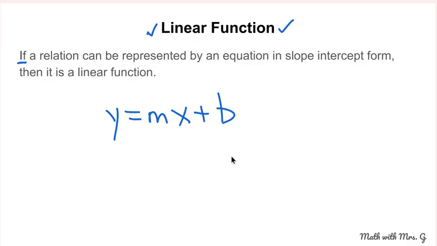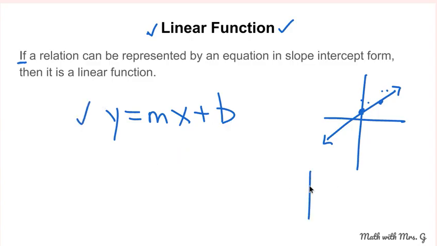If I can write the equation of a line, because we know how to do that, in this format, meaning I can pull the y-intercept off, plug it in for b, I can count my slope and plug it in here for a constant rate of change, then yes, it is a linear function.